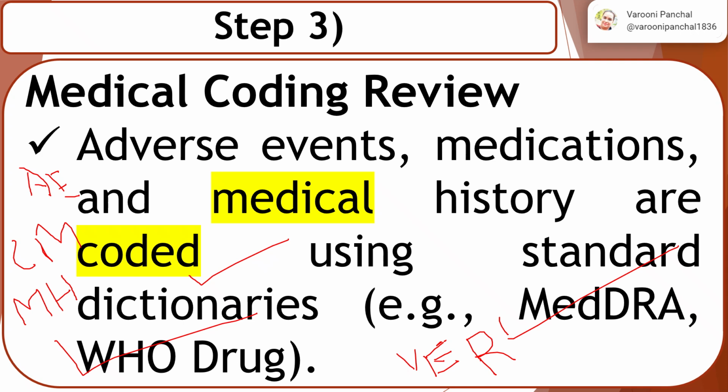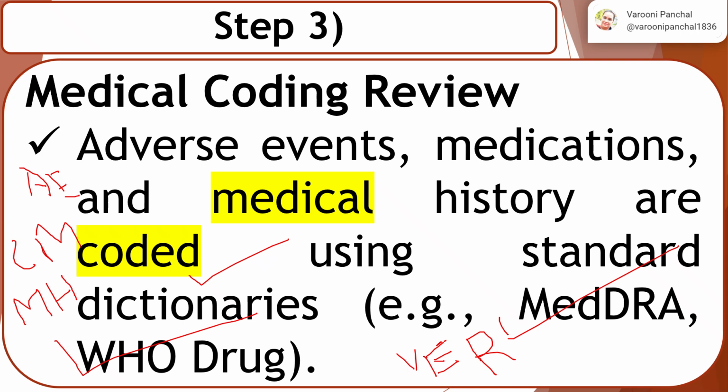Now understand one thing: if you have any adverse event term, concomitant medication term or medical history term which is not coded, right, the system organ class or the preferred term or the therapeutic area level 1 or level 2, so if those terms are not added or their values are blank, then when those SDTM datasets or the ADaM datasets go through the Pinnacle 21 software for validation, it will throw an error saying that the medical coding is missing for so and so records.